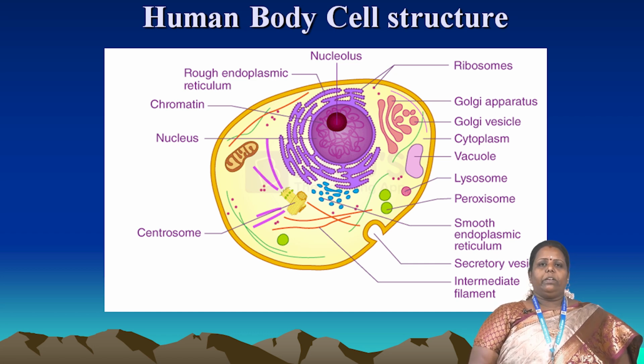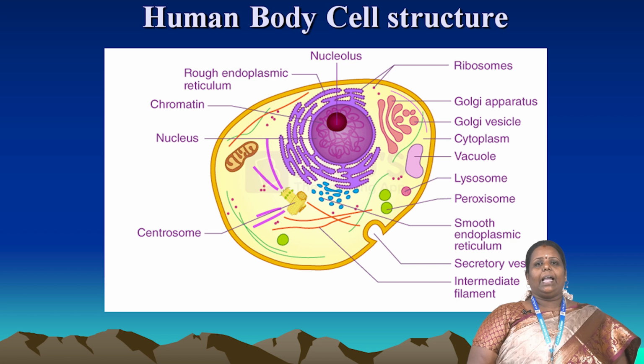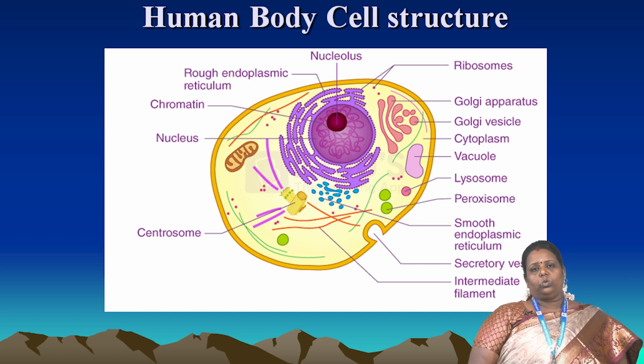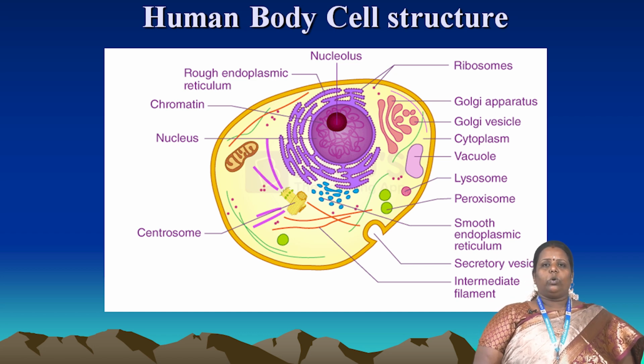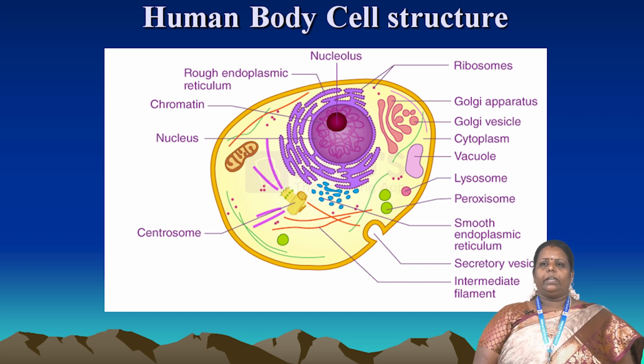The plasma membrane is filled with cytoplasm, and it also has a center part, called the nucleus. The nucleus also has a nucleolus. The main function of the nucleus is carrying the genetic material. The genetic material is a thread-like structure called a chromosome. The chromosomes have genes. The genes transfer the genetic material from one generation to the next generation. So the genetic material in the nucleus is very, very important.